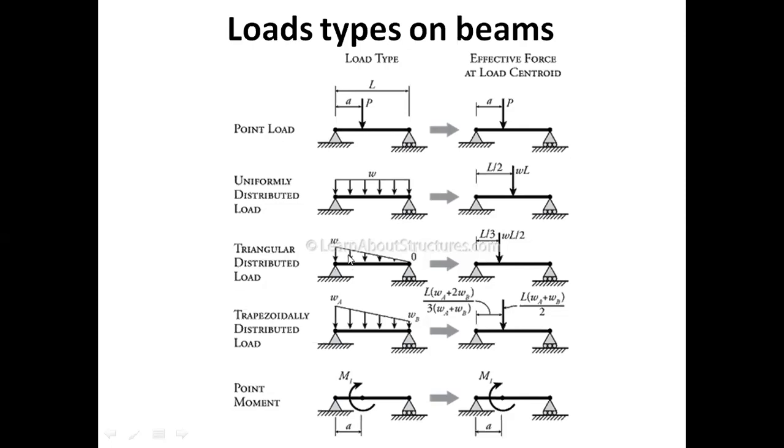The resultant of a triangular distributed load can be found by the equation of half base into height. Here the base is the length L and the height is W. So the resultant would be WL by 2.